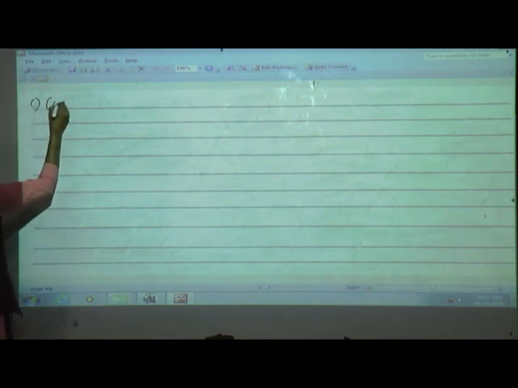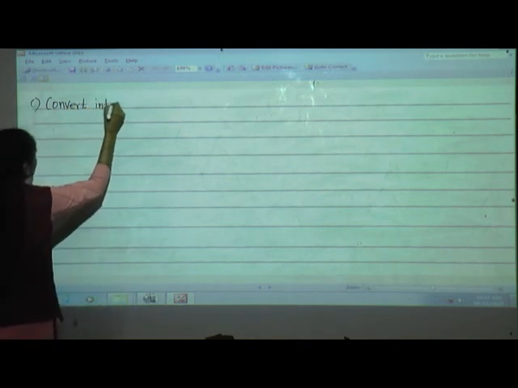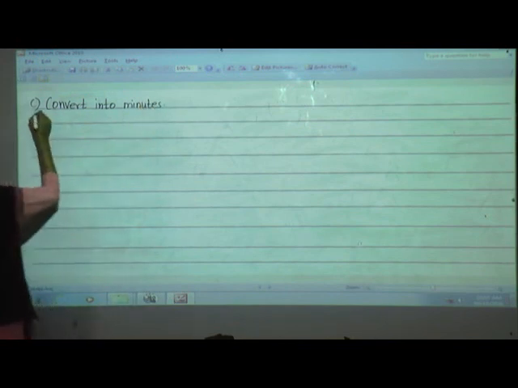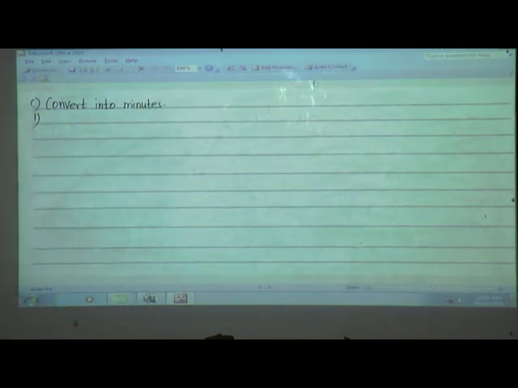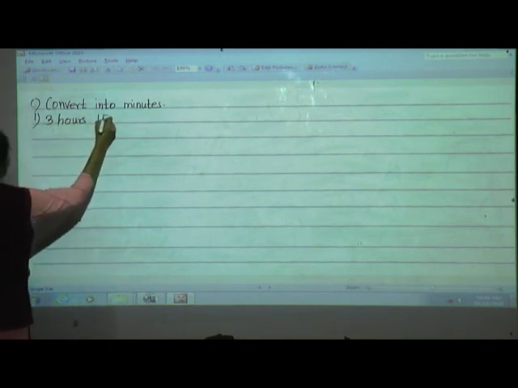Okay. Now we'll move to the C question. What is the question? Convert into minutes. Again same question, convert into minutes. First, what is the example? First example, 3 hours 15 minutes.